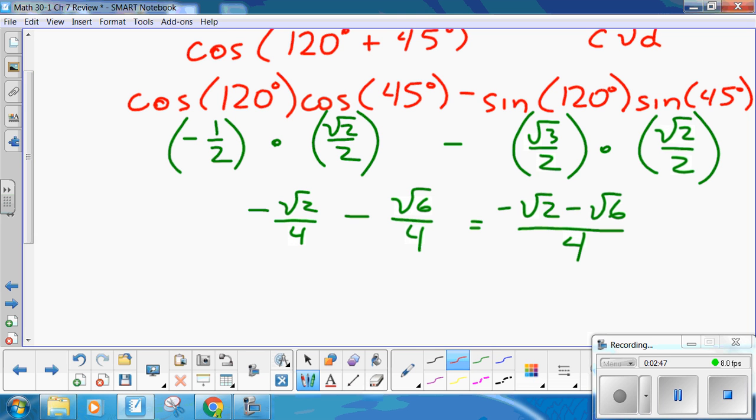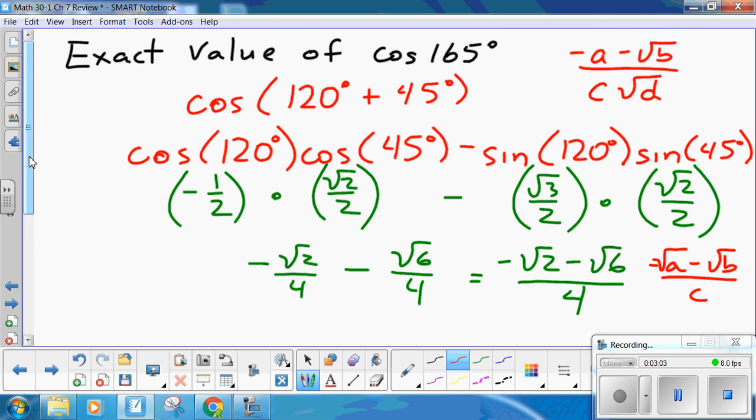So if the answer was minus root of a minus root of b over c, you've got your answer. Now, here you have to rearrange this, and the trick here, notice here, a doesn't have a radical sign.